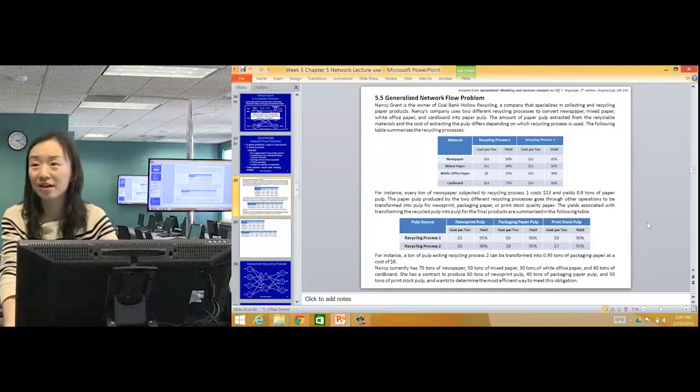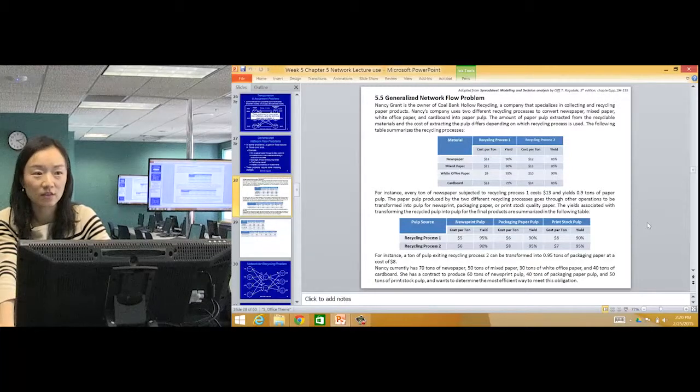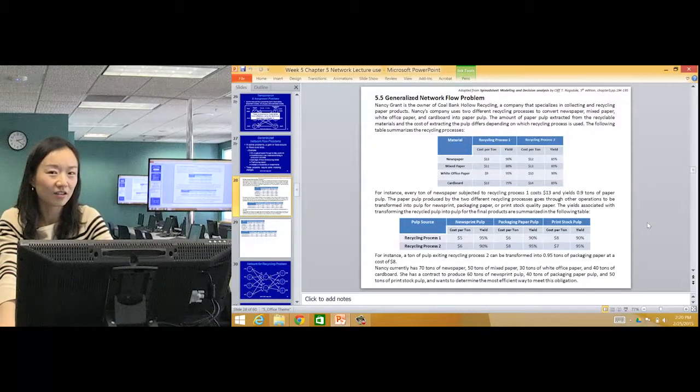And the second thing is deciding the sign to use. Oh, before that, let me ask you, what is that rule that we follow when we create constraints in all network problems? Inflow minus outflow. Okay, what's the rule called? Do you guys remember? If supply greater than demand. Okay. So based on the relationship of the total supply and total demand, you decide the signs for the constraints, right?